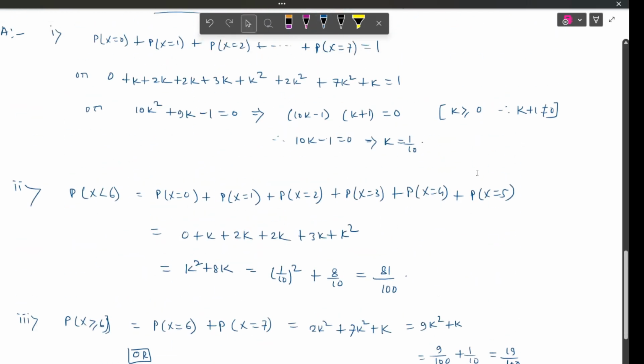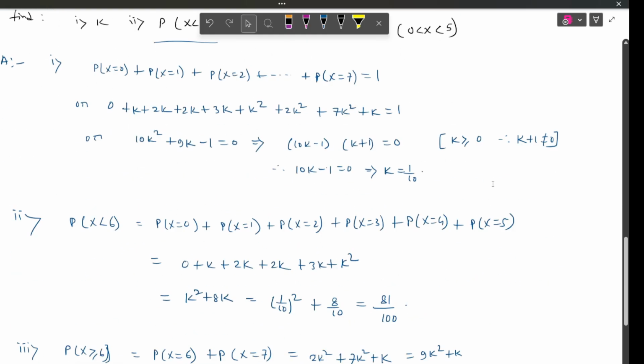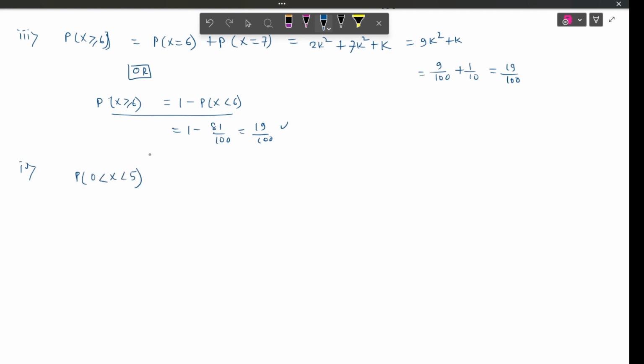Now we have to calculate probability of X between 0 and 5. So I think you got the logic. Probability of 0 less than X less than 5. So it should be from 1 to 4.